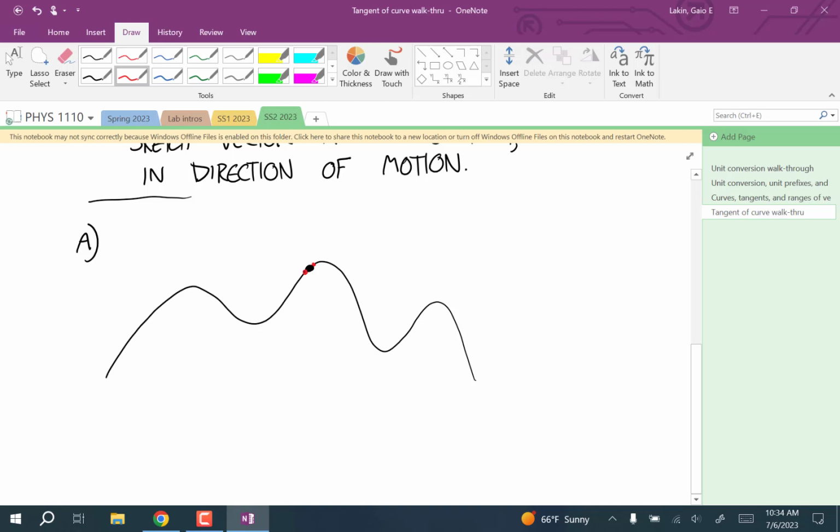And now the next step is to draw the line that goes through those points and just let it continue. That's a little better. Okay, so there is the line that's tangent to the path at the point of that black dot.